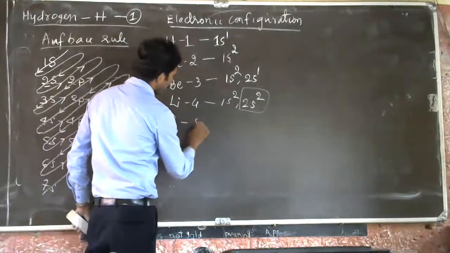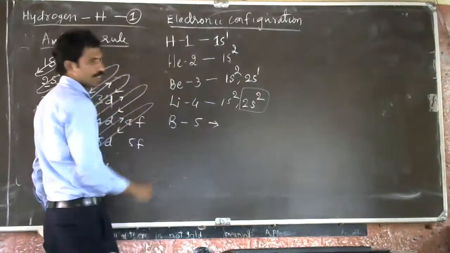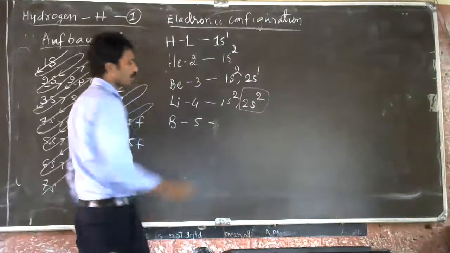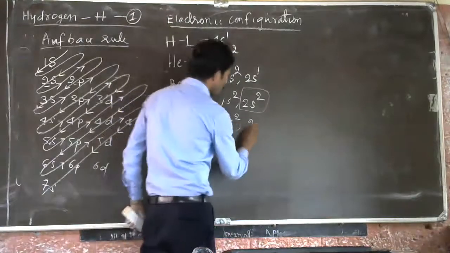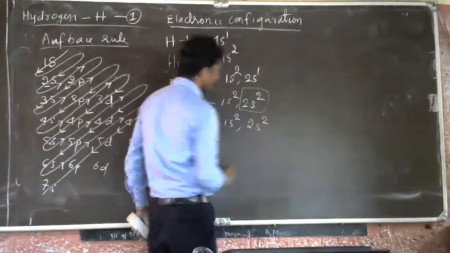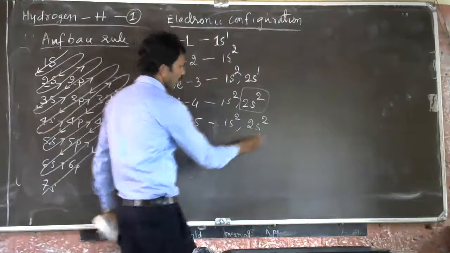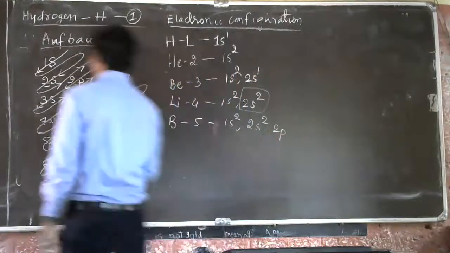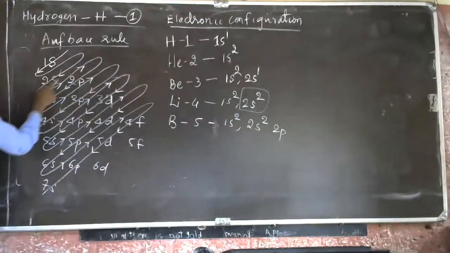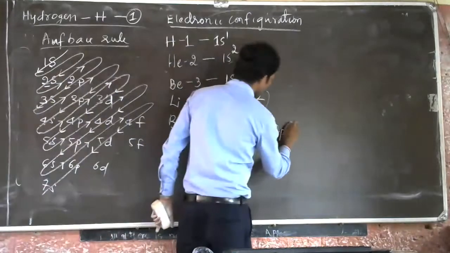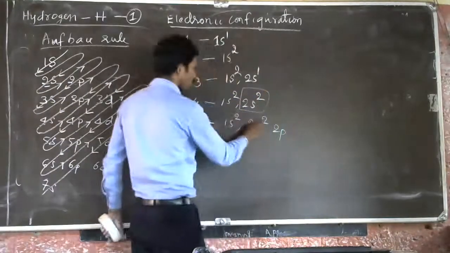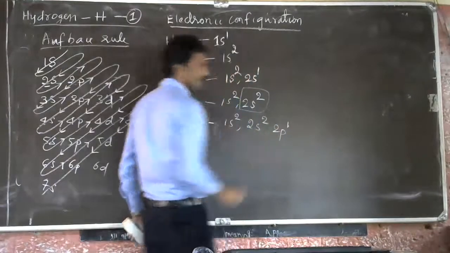Next is boron. Boron means 5. 5 electrons are present. How are these 5 electrons distributed? 2 electrons are distributed in 1s, 2 electrons in 2s, and then 2p. After 2s, 2p comes. 2p how much? 1. So totally 5 electrons.